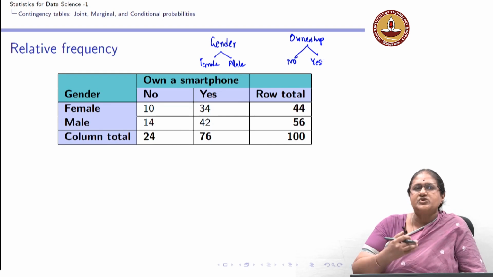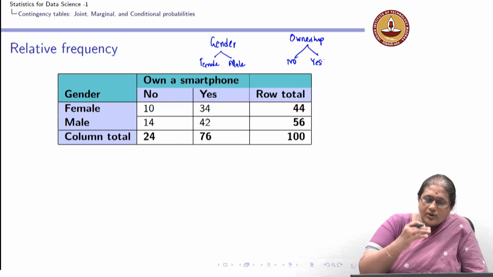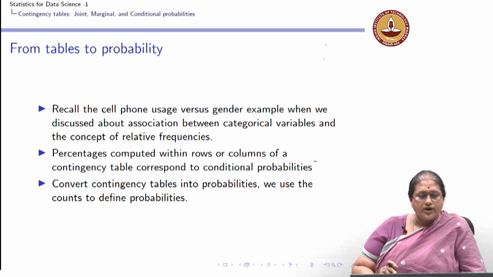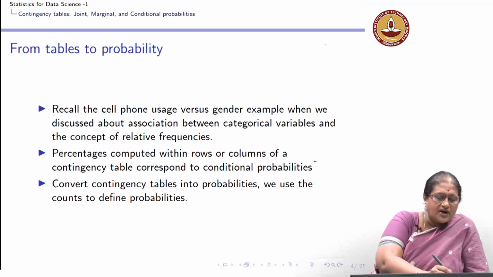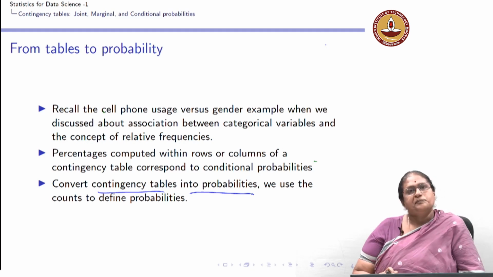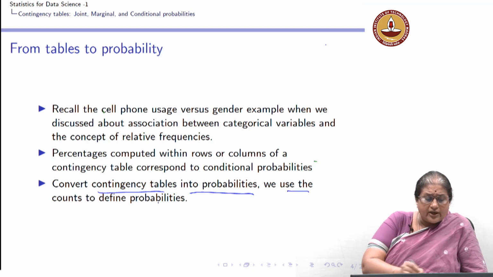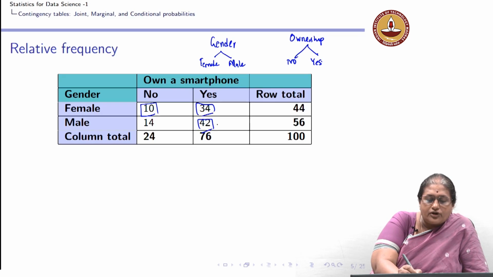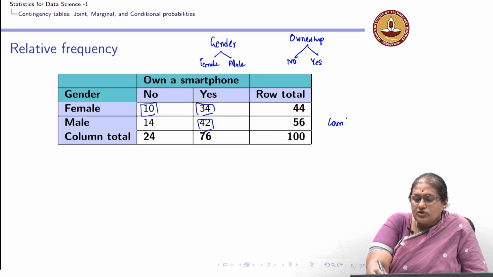These were the questions we asked. So, we are going to revisit that contingency table and convert it into probabilities. Recall that 10, 34 and 42 were the counts.